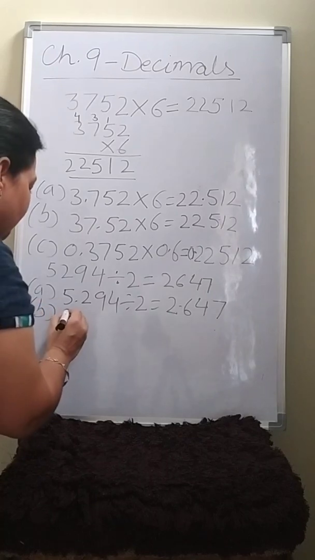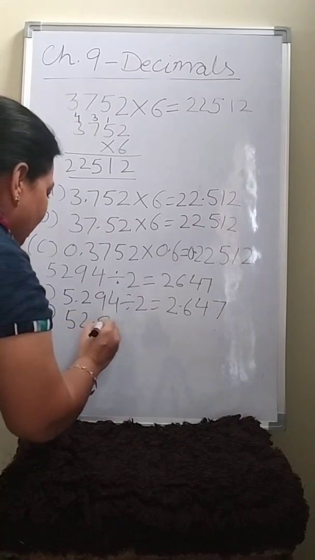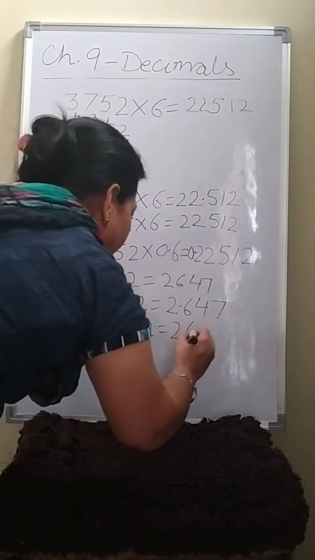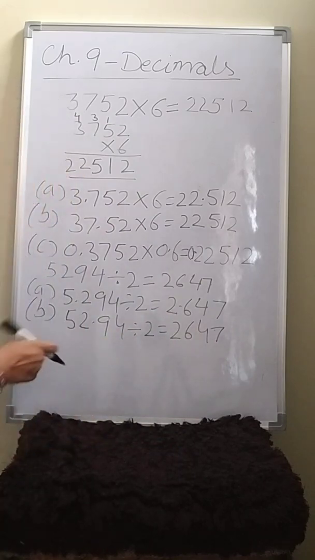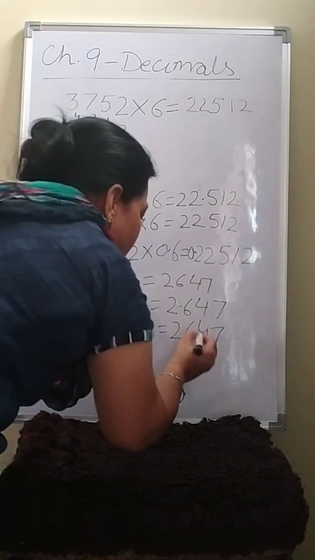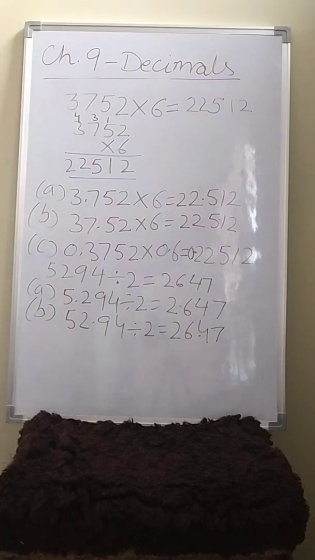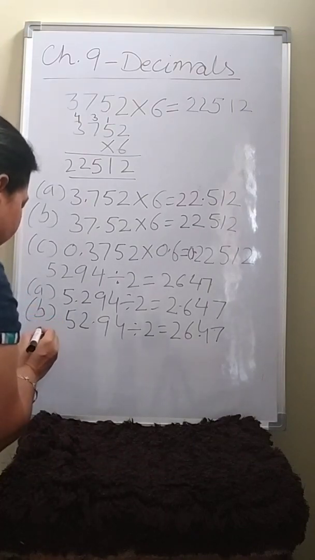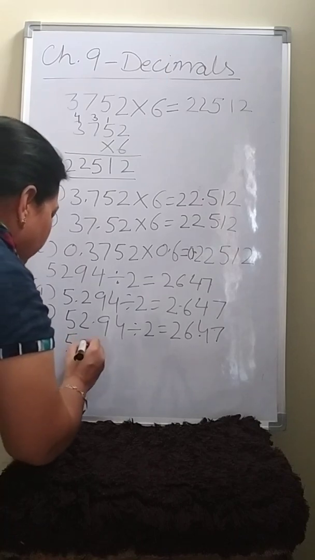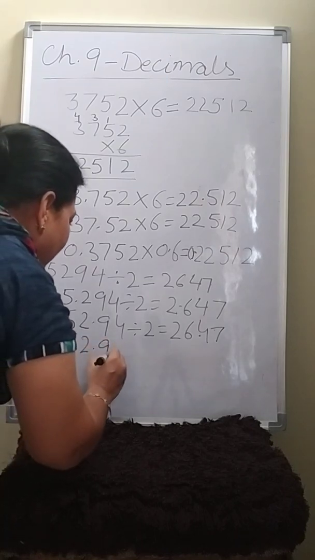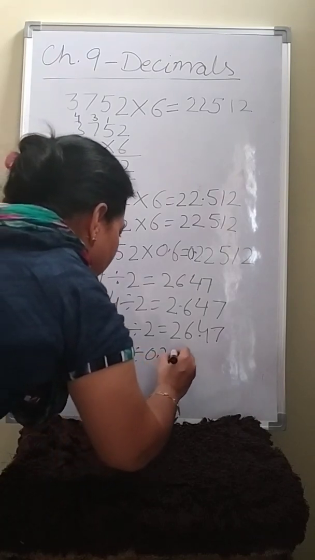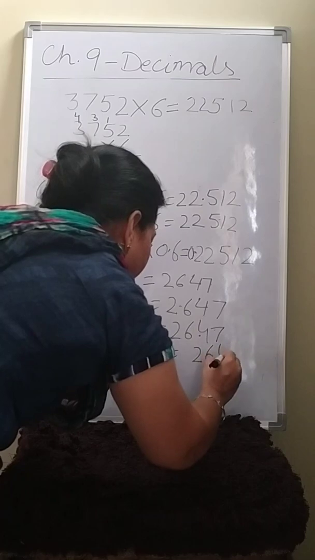Suppose the decimal is before 2 digits: 52.94 divided by 2. The answer is the same. Here the decimal is before 2 digits, so the decimal will be before 2 digits: 26.47. And if the question is 52.94 divided by 0.2, the answer is the same.